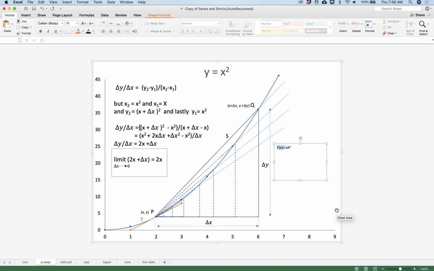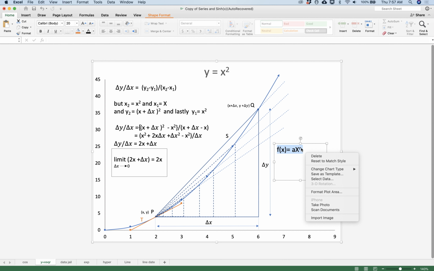So if we have some function f of x, generally, then f prime of x will be a n x to the n minus 1.